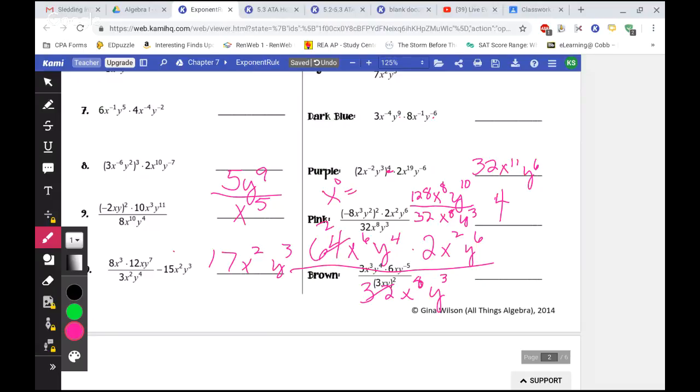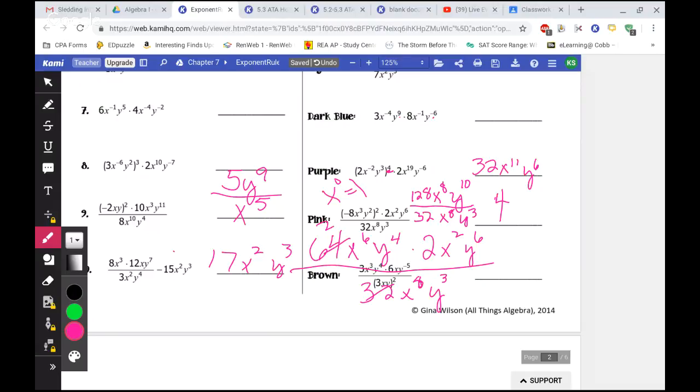Anything to the 0 power is always what? 1. So you don't have to write anything there because 4 times 1 is what? 4. Good job. So it's 4.